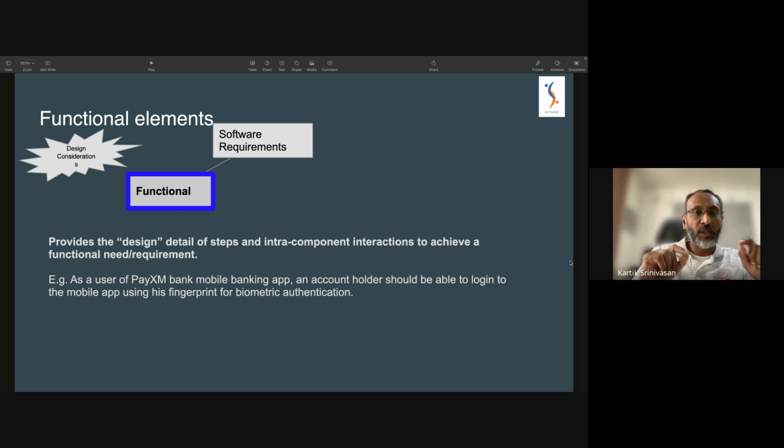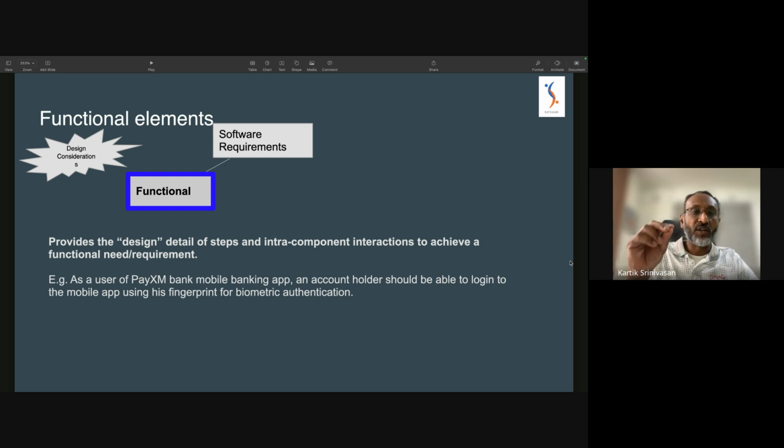That's a very specific functional requirement, right? And usually this is the core consideration that you would have when you are dealing with any kind of functional requirement. What is the journey of the customer?